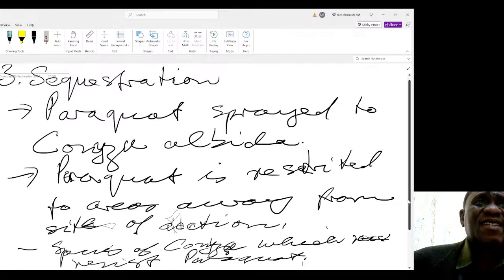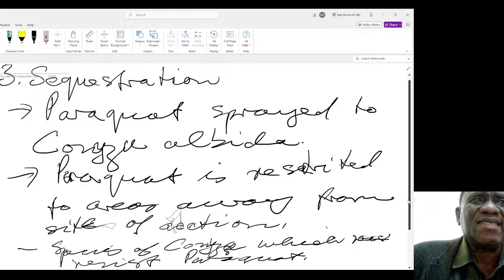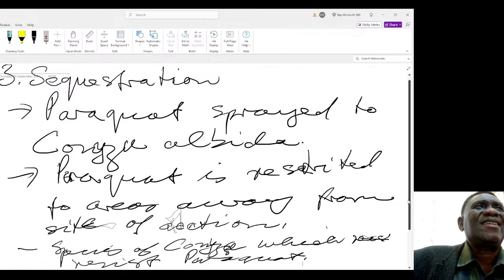So sequestration is a process where the herbicide is restricted in some plants, like Conyza rubida. We know paraquat kills everything which is green, but when it comes to Conyza, it is restricted in certain areas in such a way that it doesn't reach the site of action, and therefore Conyza is not killed. So it gives rise to selectivity.